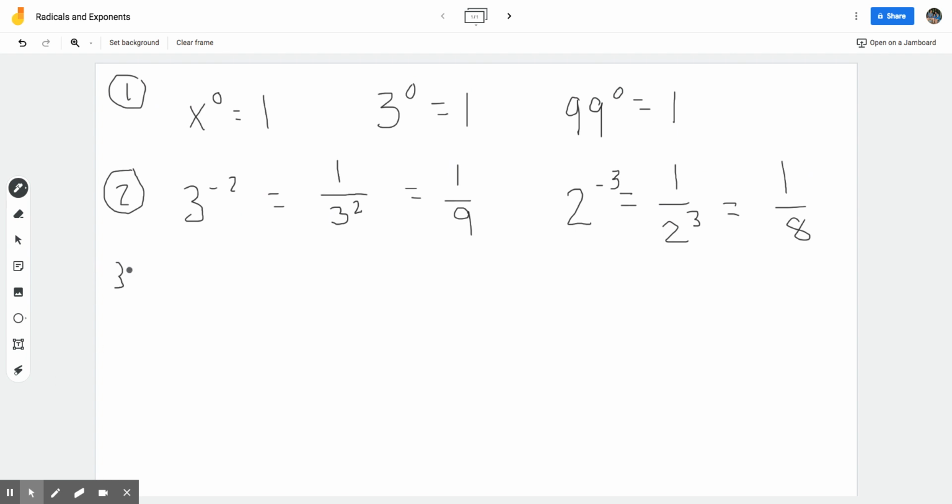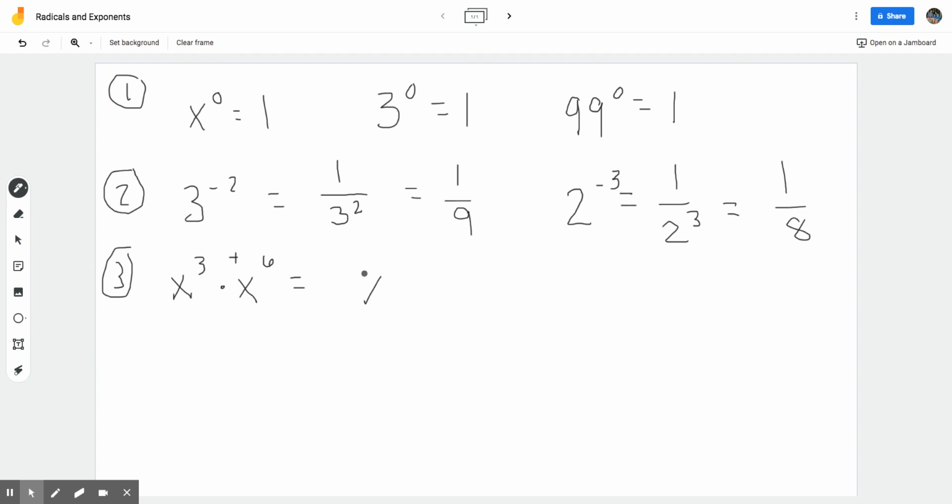Our third rule is what happens when I'm multiplying exponents with the same base. Let's say I have x to the third times x to the sixth. When I'm multiplying with the same base, I just add my exponents.